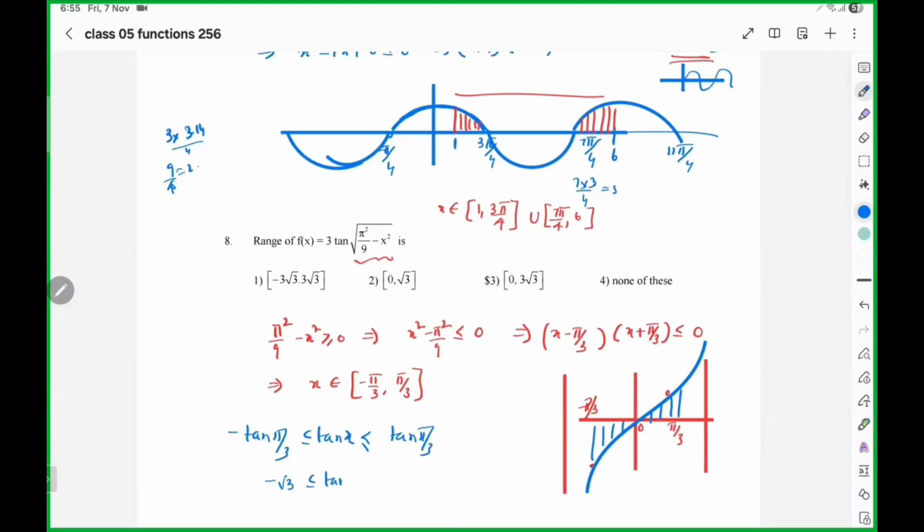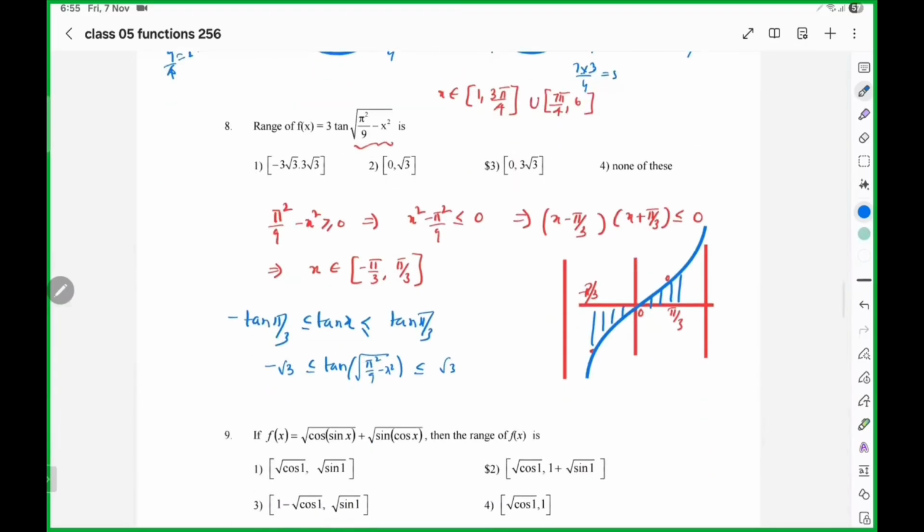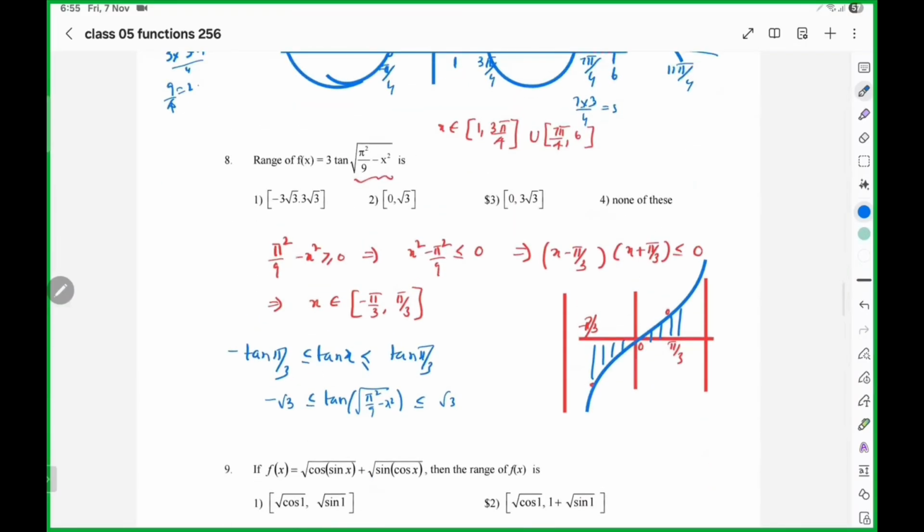Here we have root of pi square by 9 minus x square, but into 3 is there. So if you multiply with the minus root, 3 tan root of pi square by 9 minus x square.